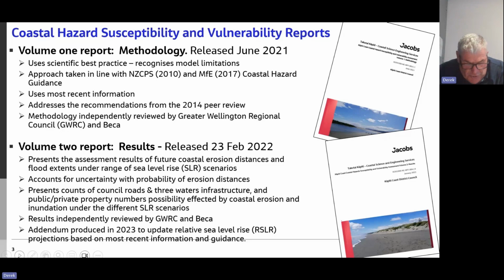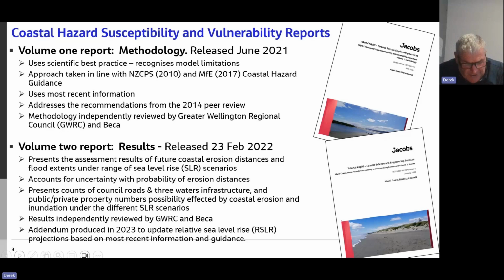Now, the assessments used the most recent information available at the time, remembering that the work on these was done through 2020 and 2021, but recognises that there are data gaps. The data is not always being collected for sea level rise assessments, and in fact, most of it is being collected for other purposes. It also recognises that the data and the models will be updated as knowledge evolves.